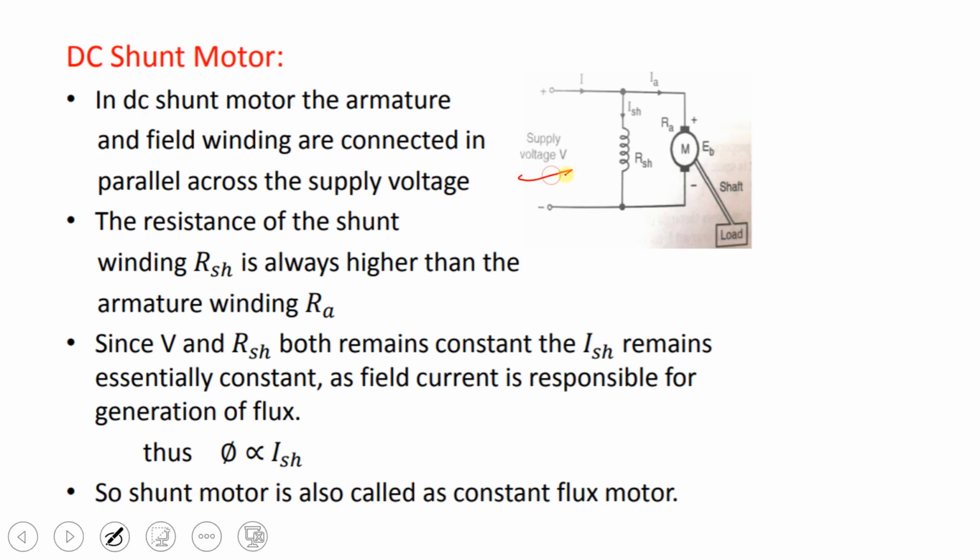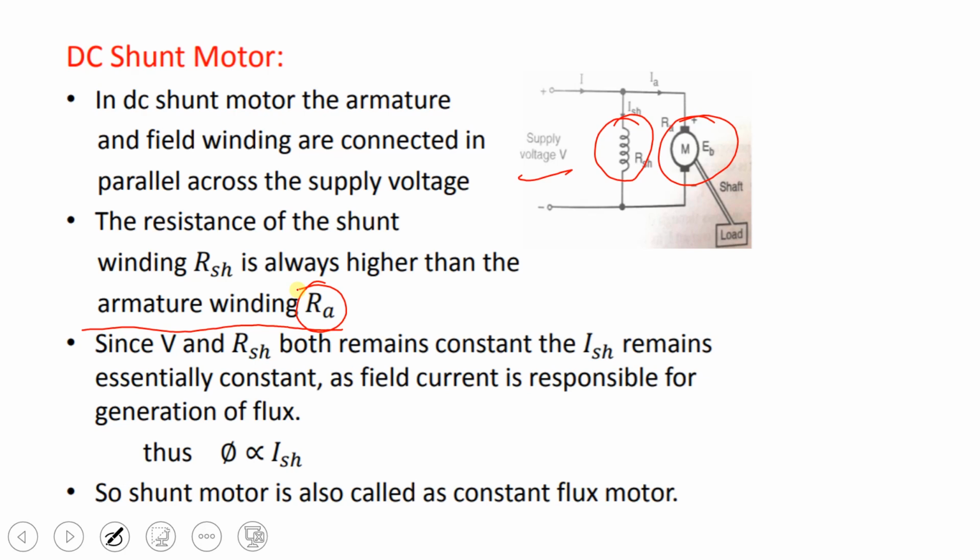This is the supply voltage, this is the field winding, and this is the armature. So these two are in parallel with each other. The resistance of the shunt winding RSH is always higher than the armature winding resistance RA. We have one resistance across the shunt and that resistance is always greater than the armature resistance.